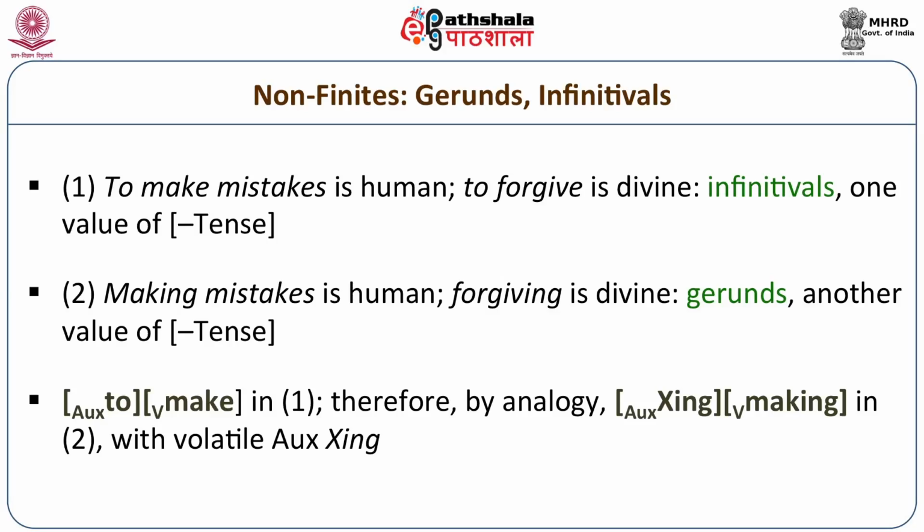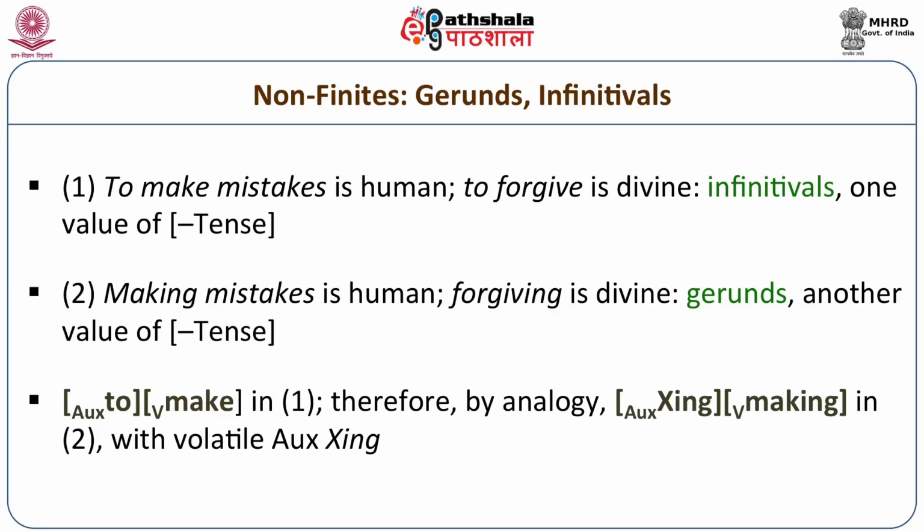In the gerundial form forgiving, we have to assume, in the horseshoe model of the standard theory of generative syntax, that the tense is a volatile version of ing, call it x-ing, which works with the morphological marking ing on the verb forgiving to make sure that the semantic interpretation comes out right.